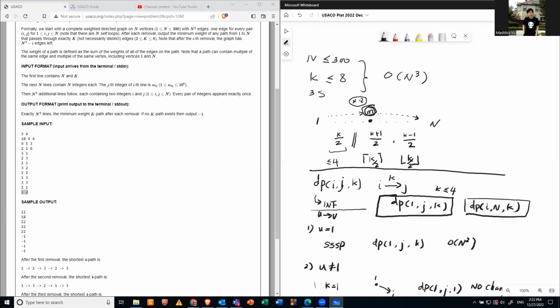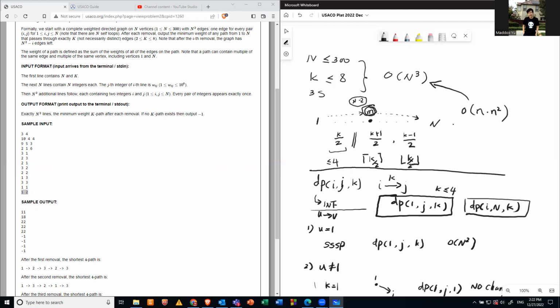So each time you take n to query through those, and you have n square edges, right? So you have n square times, in this case 9 times, n square times. So that is your O(N^3) algorithm.